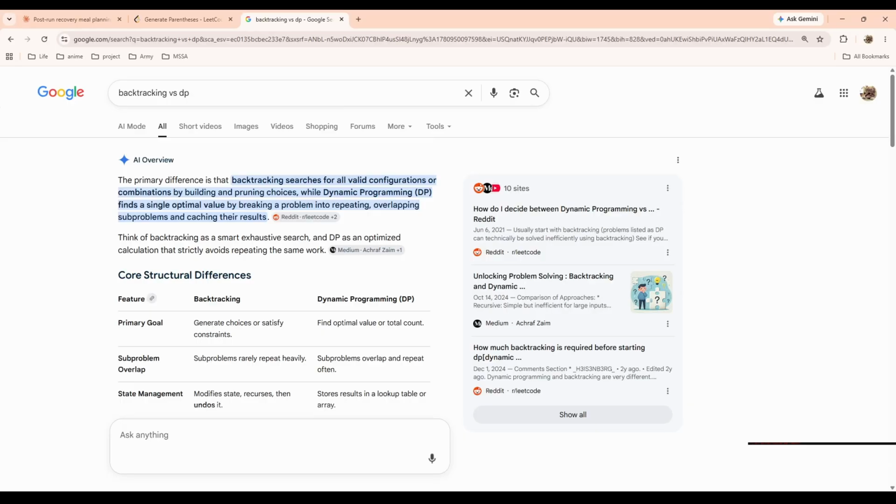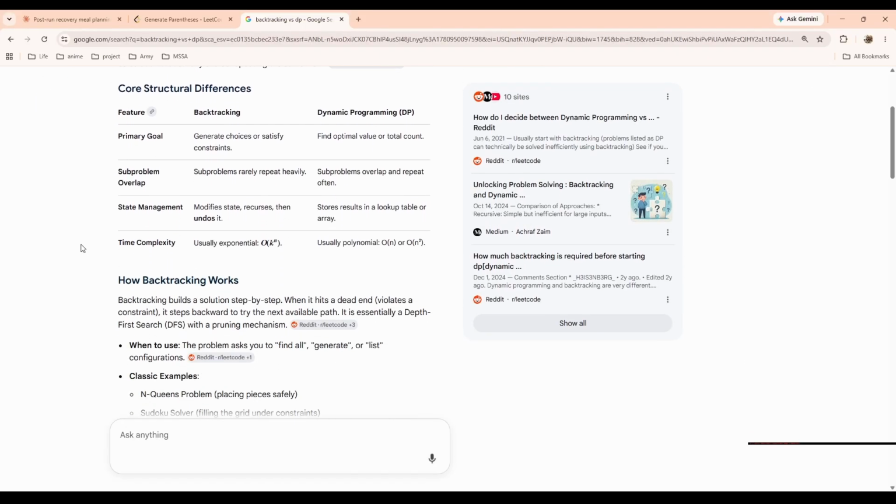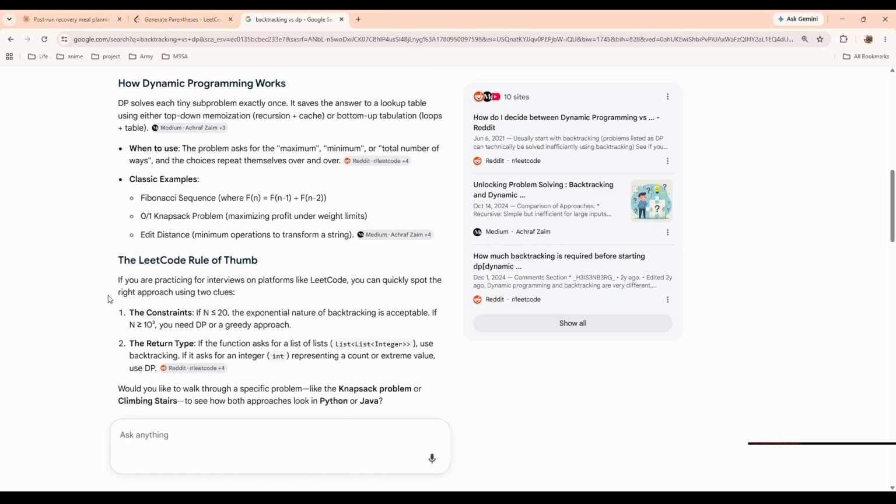So on another note, I decided to look up backtracking's difference with dynamic programming. And as I was reading through this, one of the things they pointed out, at least when you're doing LeetCode and the constraints, is if n is less than or equal to 20, then the exponential nature of backtracking is acceptable.